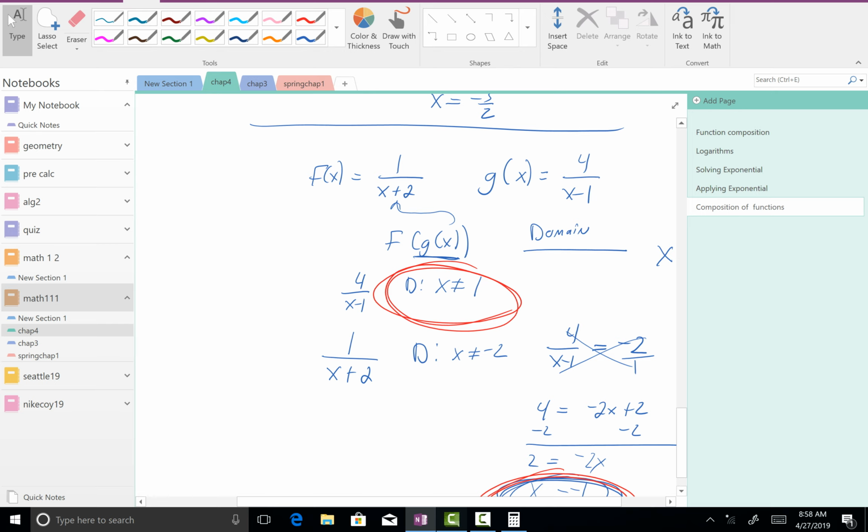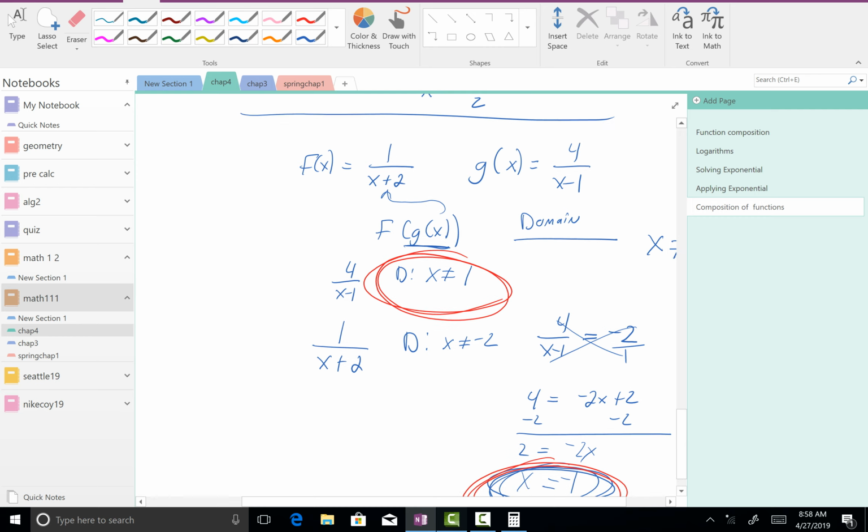The -1 is triggering that -2, and that gives us the problem. The -2 wouldn't have come out by itself. That caused it. We never have -2 because we're saying right away it can't be -1, so we're eliminating that.